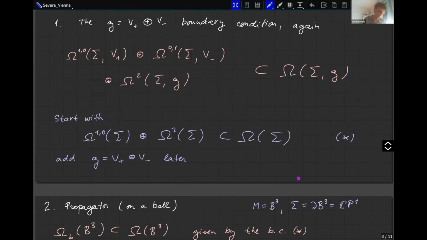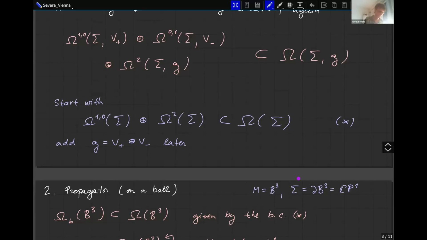So what we're going to consider: our three-manifold is going to be a three-dimensional ball. Its boundary is a sphere, which we identify with CP1. And we want to find the perturbative way of calculating this Chern-Simons theory with that boundary condition in a simple case.